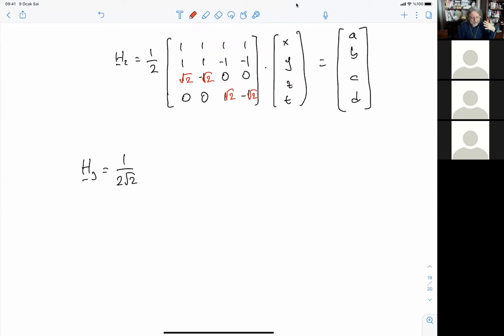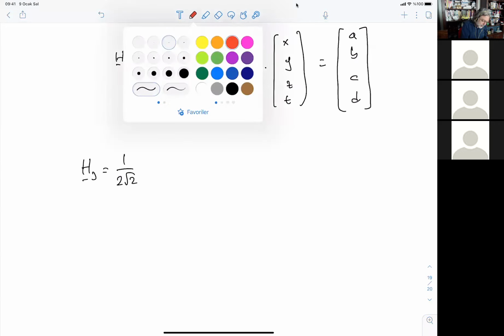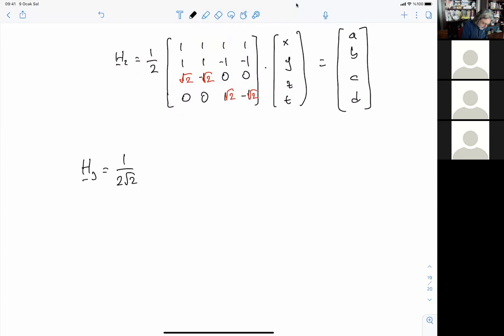It's like we will be increasing the resolution, the time resolution, and every time we increase the time resolution, we must make it shorter, and every time we make it shorter, we must further multiply by a further square root of 2. You will see what I mean with this example of H3, which starts from 1, 1, 1, 1, 1, 1, 1, 1, of course. And the next row will be, half of it will be positive and the other half will be negative.